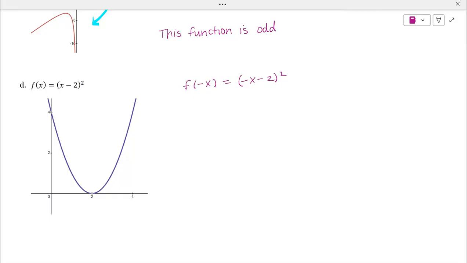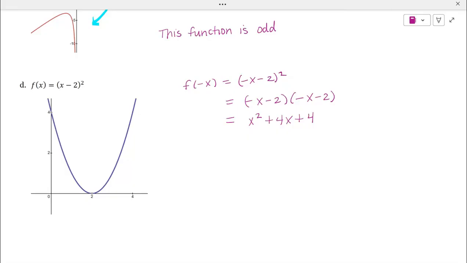I'm going to expand this out. This would be the same as negative x minus 2 times negative x minus 2, which is x squared plus 4x plus 4.